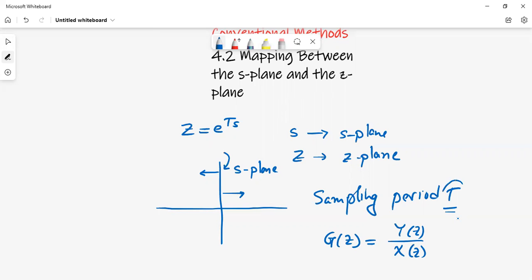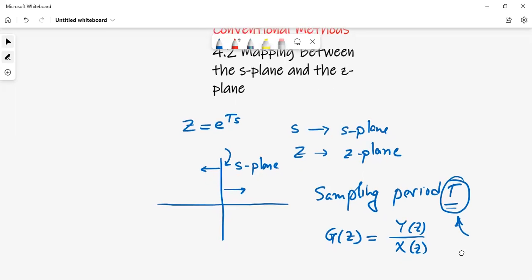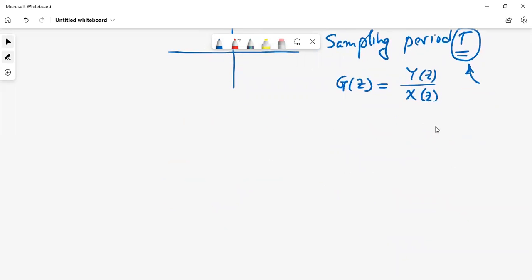So based on what value you're choosing as a sampling period or sampling frequency, the system may also be unstable. So the same system can have different characteristics based on the sampling period. That is why it is always wise to specify the value of the sampling period, because if you change it, the system's dynamic is going to change.